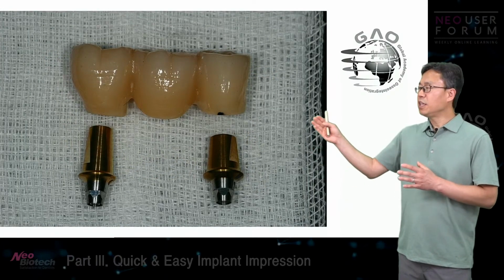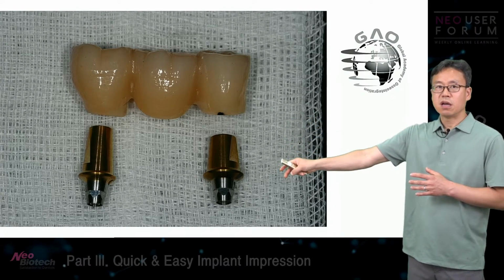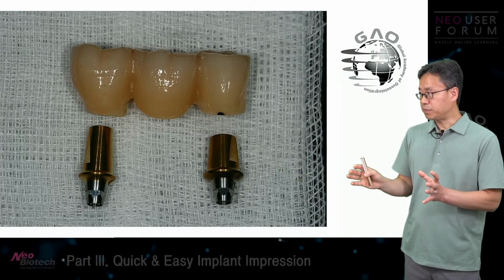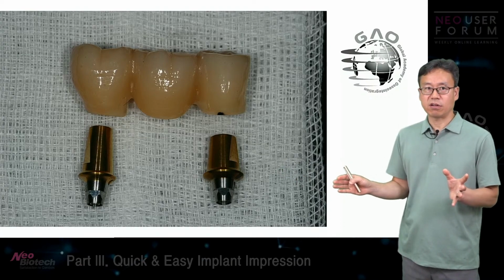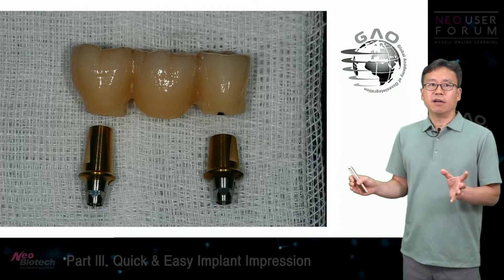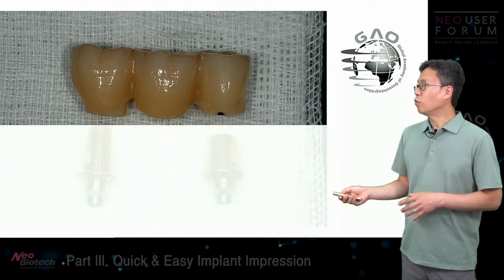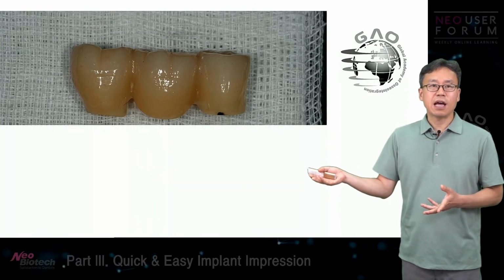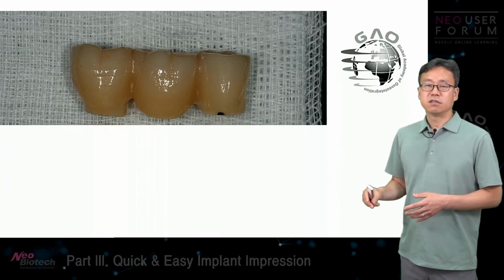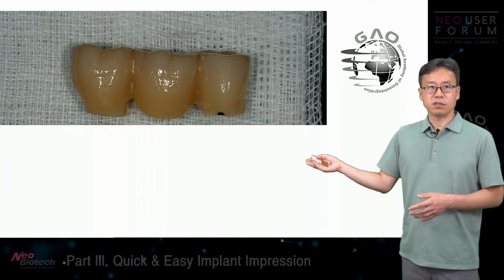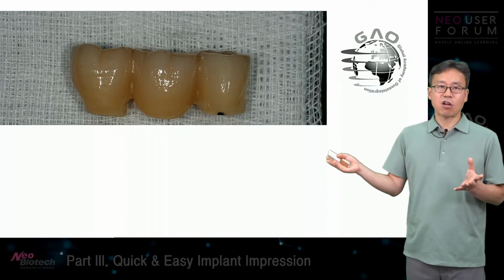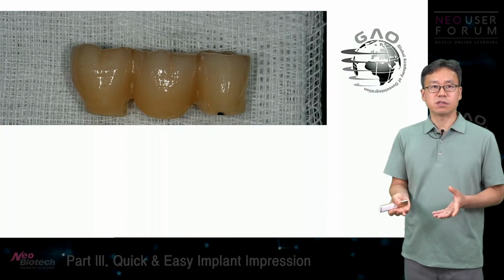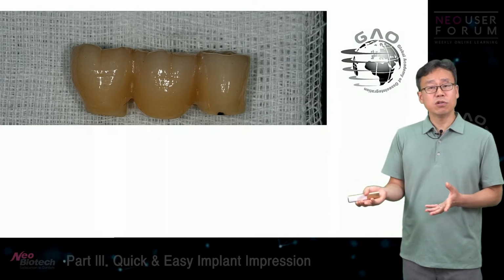If these two stock abutments are not prepped or milled at all, if they are not touched at all, then what you will get from the lab is just this. Not even the abutments. You can probably have one of these stock abutments in your office, and you can just use them.